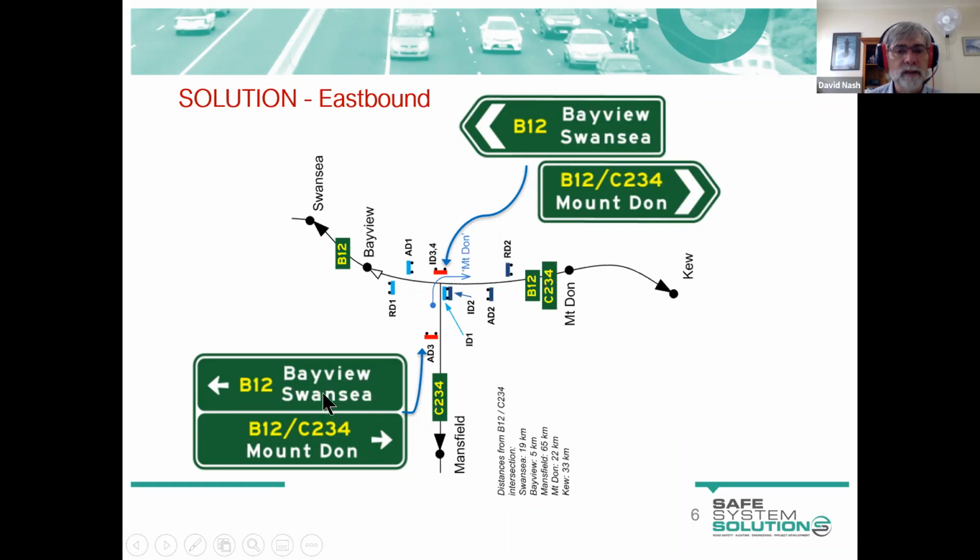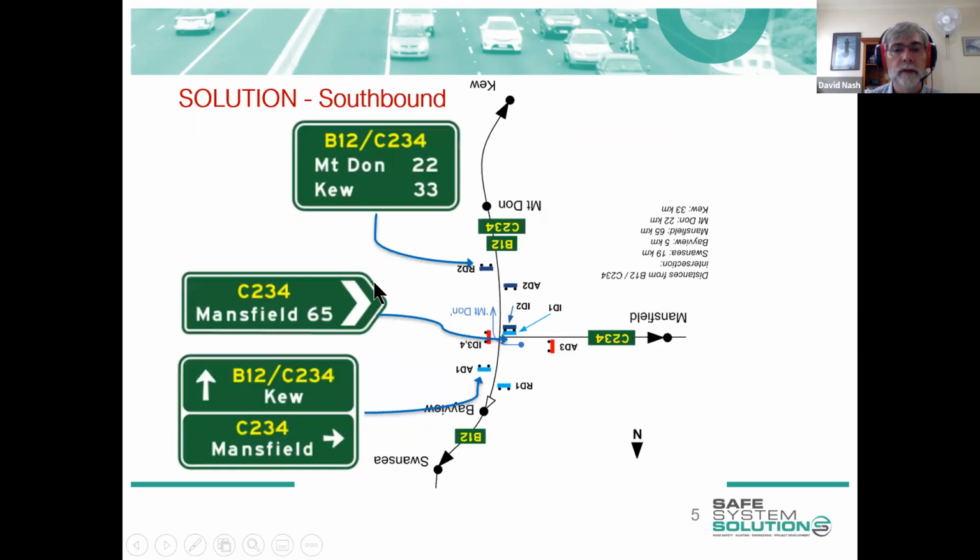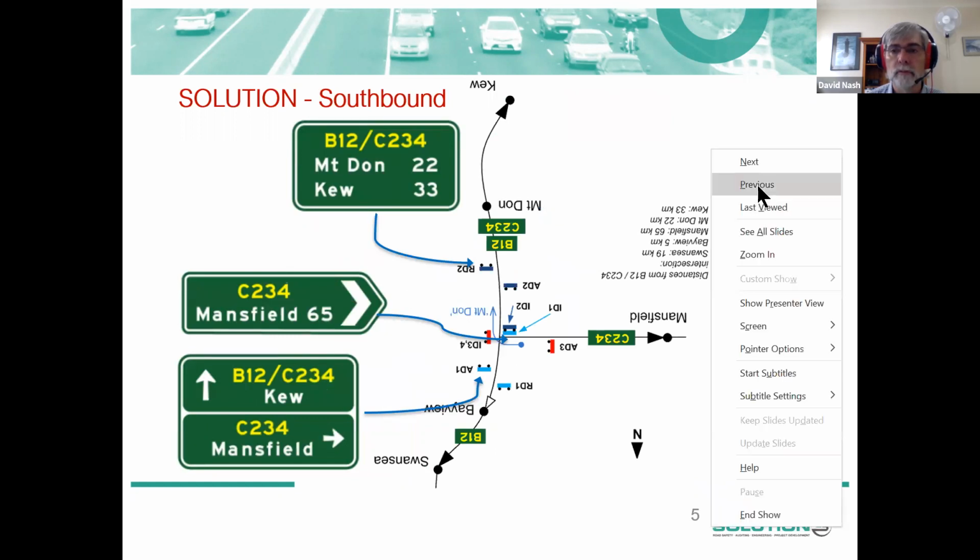Someone put separate panels, a panel for Bayview to the left and another panel for Swansea to the left, but that's unnecessary. If they're in the same direction, you combine them into the one panel. And some of you put distances on the intersection direction sign. Sorry, which one am I talking about?